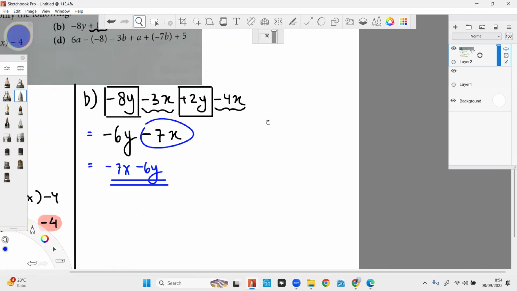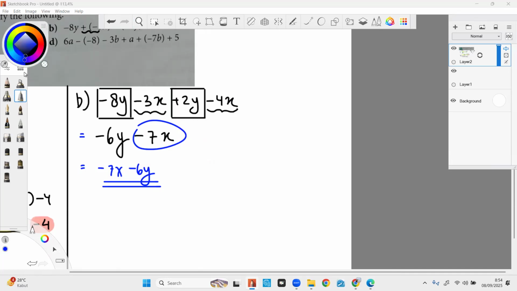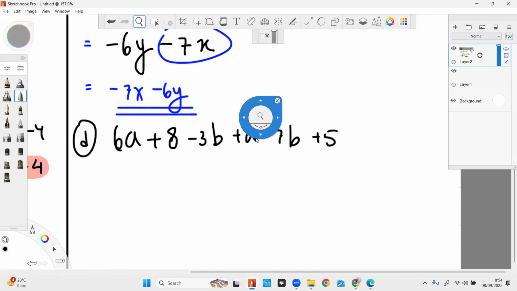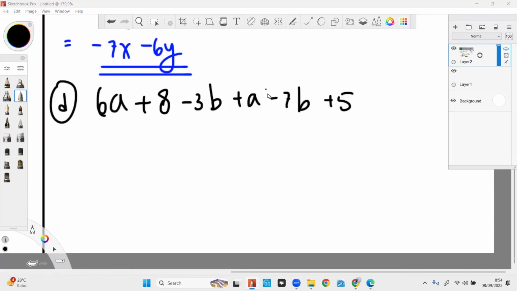Now, question D. A bit harder because we are dealing with 3 variables. 6a, minus minus becomes plus 8. Minus 3b, no change, plus a, right? No change. And then minus 7b plus 5. Okay? Now we see that this has 3 terms.